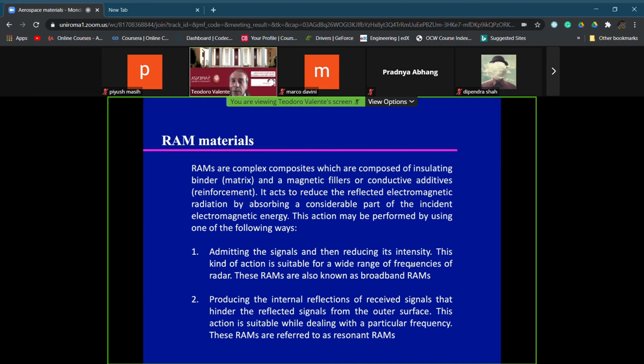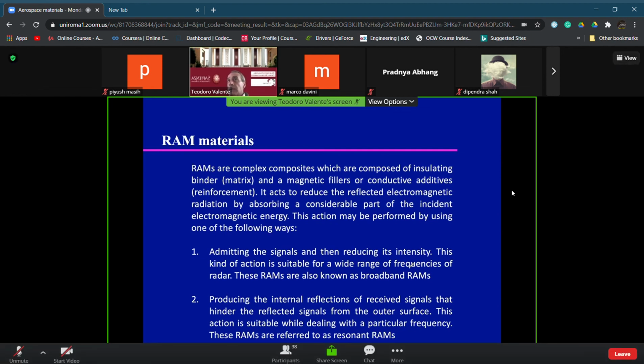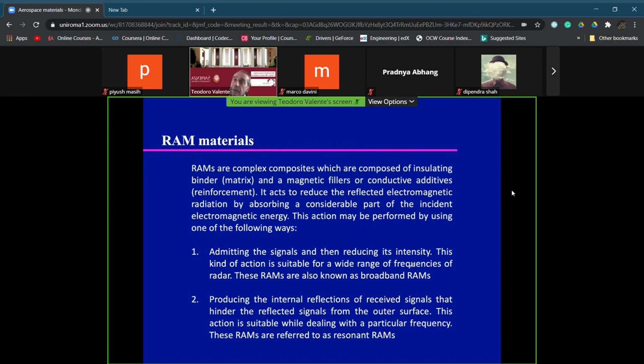Materials which belong to this class are referred to as resonant radar absorbing materials, which can have interesting applications for some commercial, industrial objects, but which, because they work only at a particular frequency, are less suitable, or I would say unsuitable, for the stealth application that we have in mind.